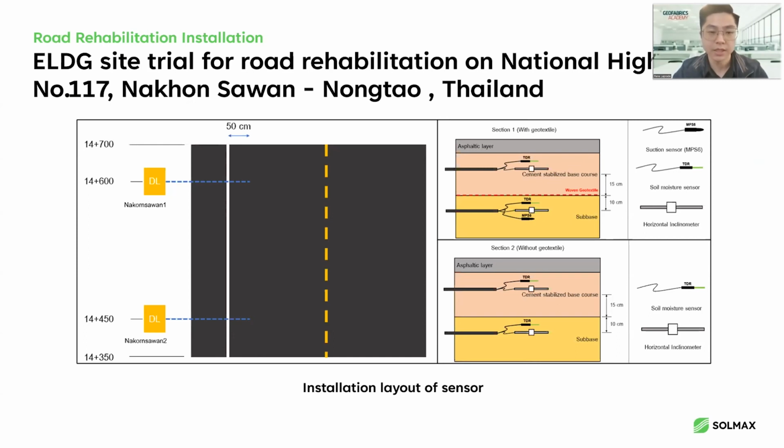This is for the purpose of monitoring the performance between section 1 and section 2. In section 1, the geotextile was installed, and section 2 was the one without the geotextile.